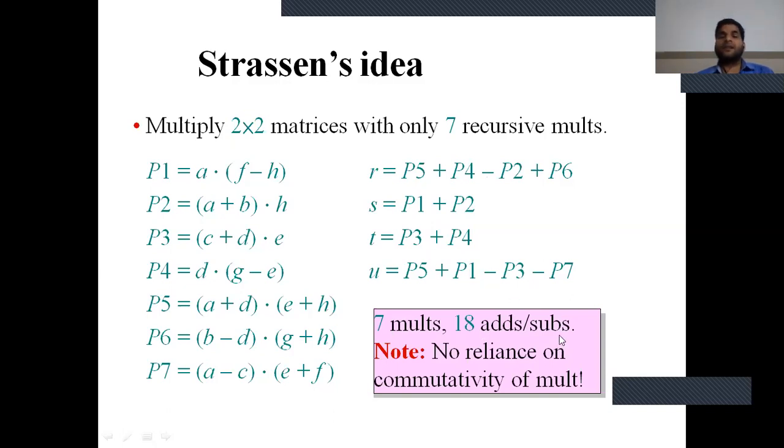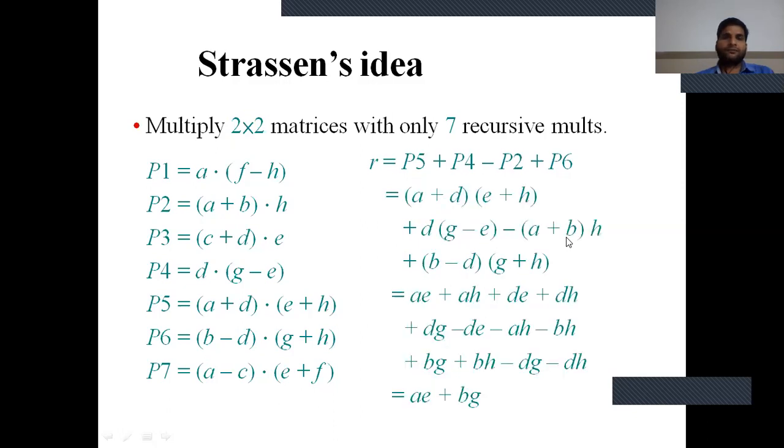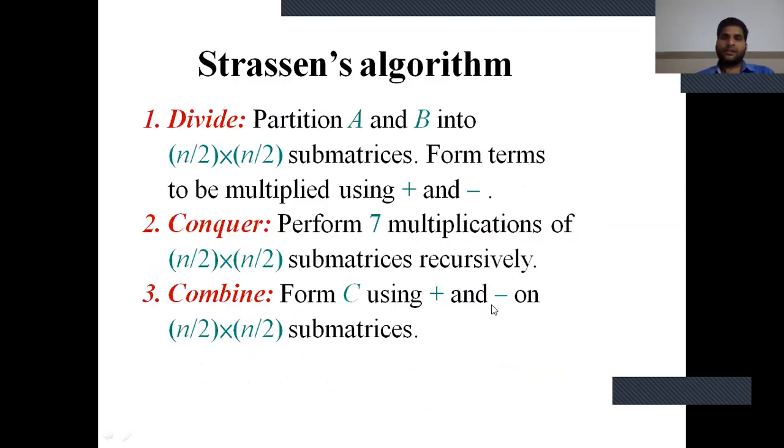So 18 additions and subtractions, with no reliance on commutativity of multiplication. And R equals P5, P4; the R value is found according to this.